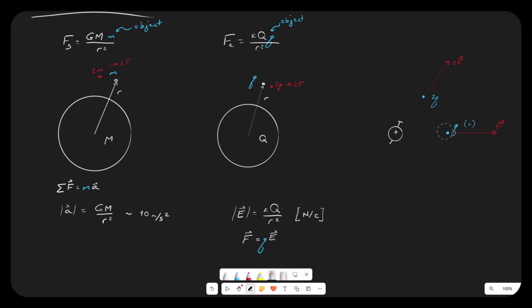Now if I get rid of the charges that are there, there's nothing to experience these forces anymore, so now these are going to be electric fields. So an electric field in some way is an electric force without an object there to experience it.